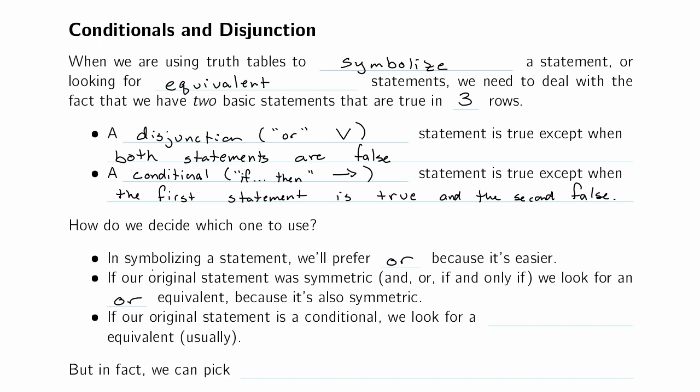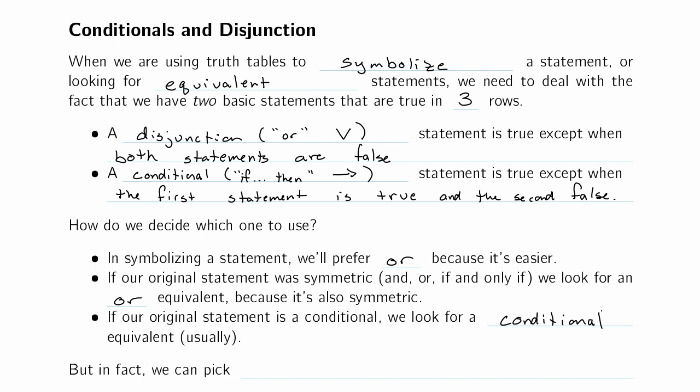On the other hand, if we started out with a conditional, we might want to look for an equivalent that is also a conditional. At least, unless getting rid of conditionals was our main goal. And we kind of like conditionals because they make a lot of sense in arguments.